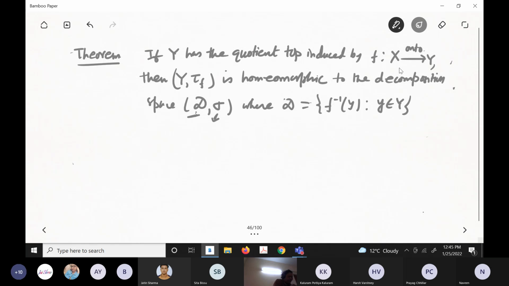If Y has the quotient topology induced by this, then Y with tau F is homeomorphic to the decomposition space where D is this. But what will be the homeomorphism? I should tell you the homeomorphism.